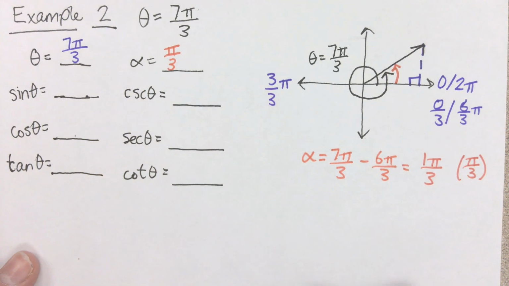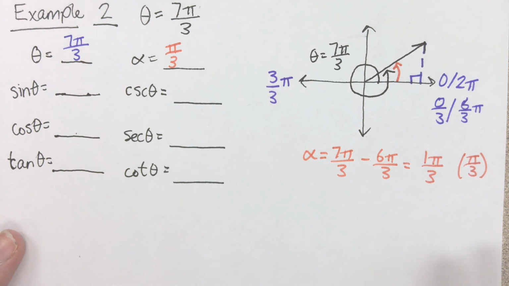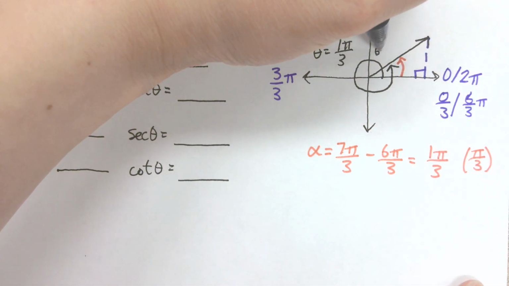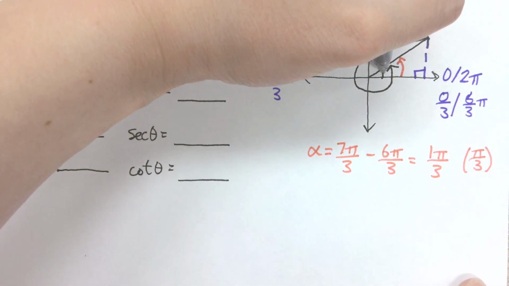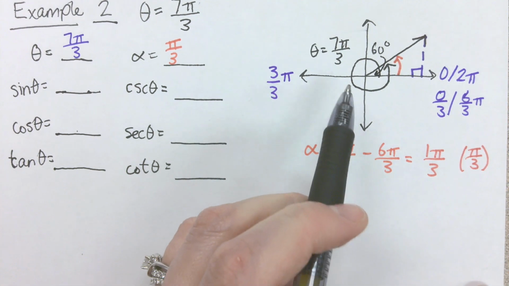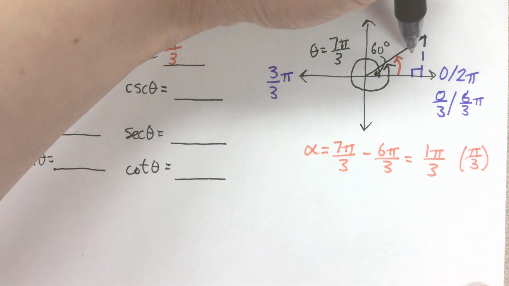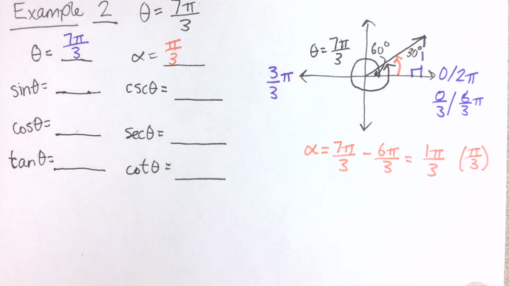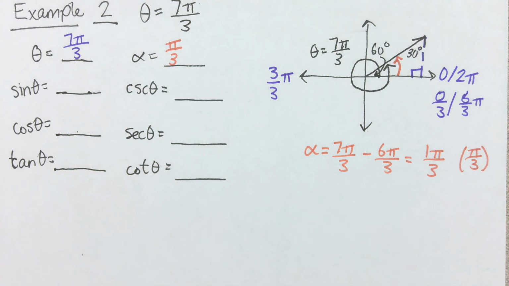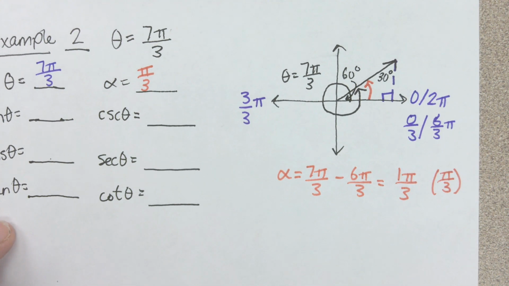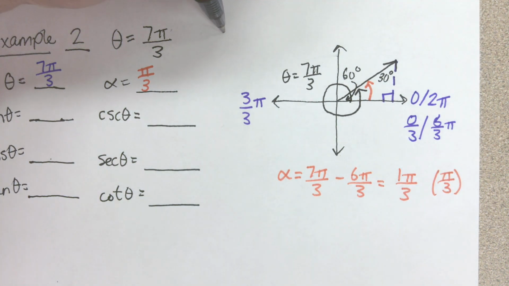That's why you want to have those memorized quickly. So 60 degrees, and again, I don't really have a nice way of writing it, but this angle inside here, that's a 60-degree angle. And the 30-degree angle is up top. As you can see, we have a 30, 60, 90 triangle.